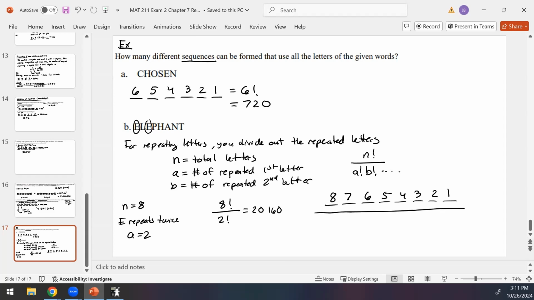So I'm going to divide it by my first repetition. So how many E's are there? There's 2 and then 1. So I can basically divide out the first E and then the second E. And then that gives you 20,160. Unfortunately, when you get more complicated problems, the hangman becomes a little bit more difficult to use because then you have to start doing stuff like that. And so it does have its limitation. And then in combinations, hangman becomes very difficult because you have to divide out a bunch of things.